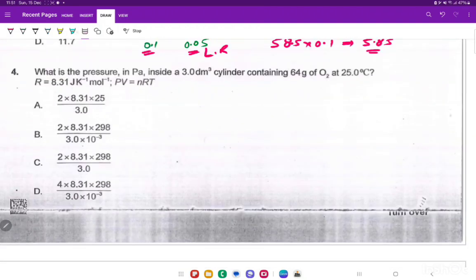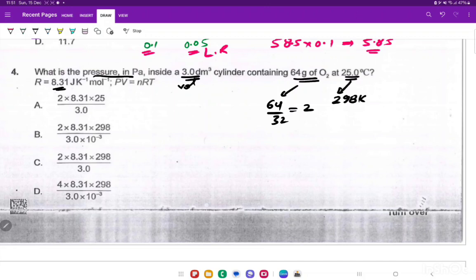What is the pressure in pascals? I have to calculate the pressure in pascals in a 3 dm cube cylinder, so the volume is 3 dm cube, containing 64 grams of oxygen at 25 degrees Celsius, and R is 8.314. We should convert 25 degrees Celsius to Kelvin, which is 298 K. The moles of oxygen will be 64 upon 32, which equals 2. Since I want the pressure in pascals, I have to convert volume to meter cube: 3 into 10 to the power minus 3 meter cube.